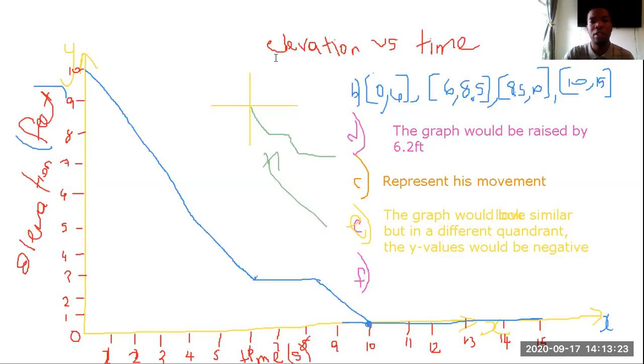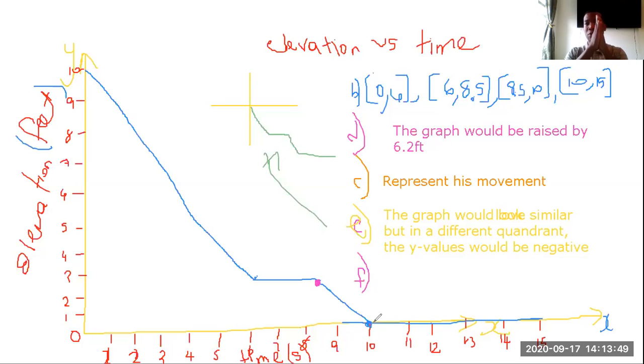Let's look and find out what is his feet at 8.5 seconds. 3. Yep. And then what is his feet at 10 seconds? 0. So between 8.5 seconds and 10 seconds, he went from 3 feet to 0.